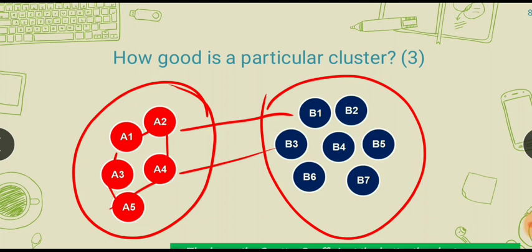Alright, so here please remember, the lower the scatter coefficient, the better the cluster. That is, the higher the distance between data objects of two different clusters, the better the cluster.